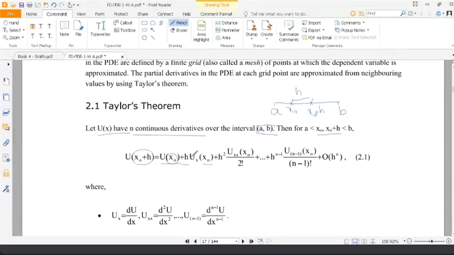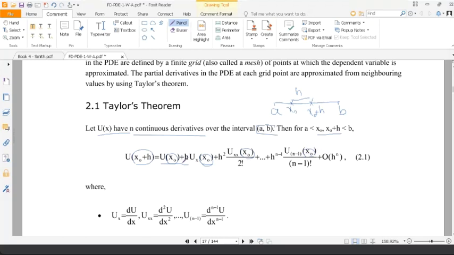u_x of x0 is the derivative of u at x0, u_xx means the second derivative of u with respect to x at x0, and u_(n-1) means the (n minus 1)th derivative of u at x0.